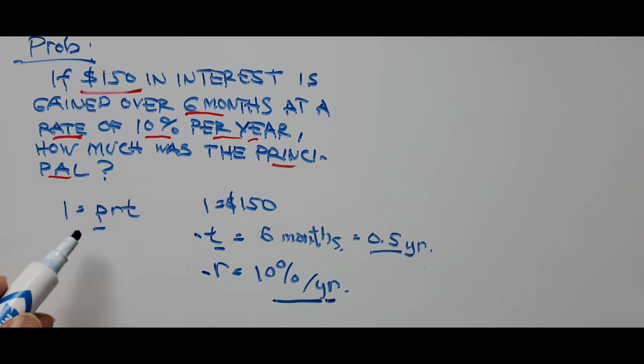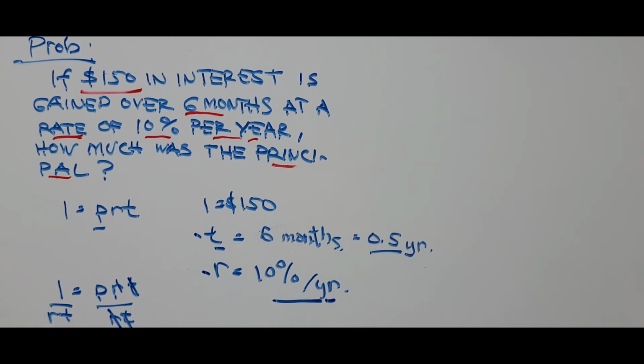So to solve for the value of P, all we have to do is manipulate the equation. From the formula I equals PRT, to get rid of the other two variables R and T and clear the principal by itself, all we have to do is divide this by RT, and divide this by RT also. Dividing that will cancel R and cancel T. What we have left now is P, and on the other side we have R and T on the bottom.